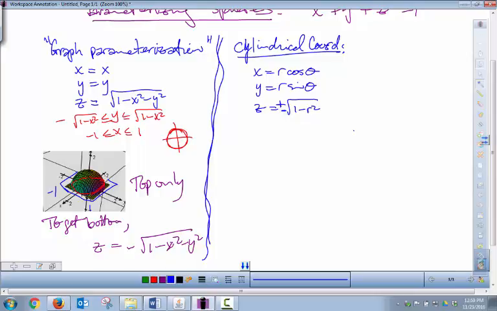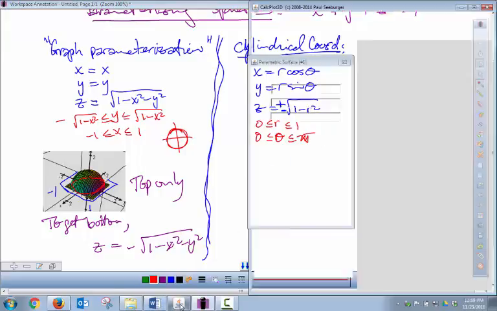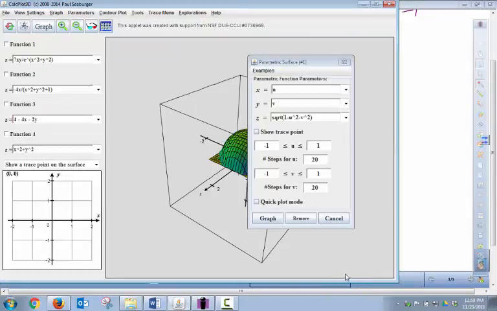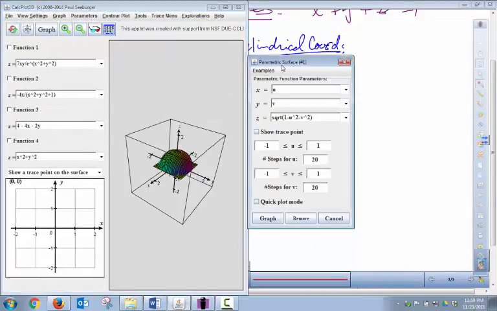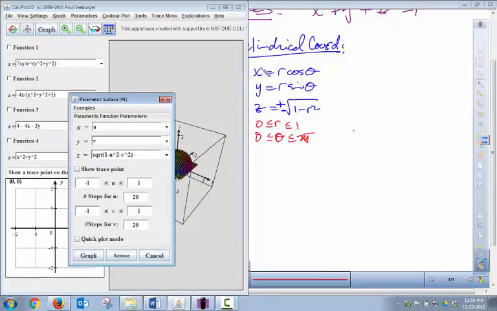But at least your limits now can be constants. That's at least a nice step in the right direction. And if we pull out our graphing calculator again, in cylindrical coordinates, I would just need to translate this in terms of u's and v's.